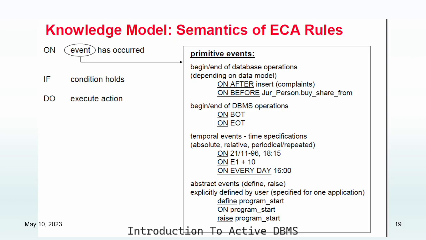It can be temporal events, like on a particular date and time, or every day you can set up. Or it can be on some abstract event which you need to define, like on program start.